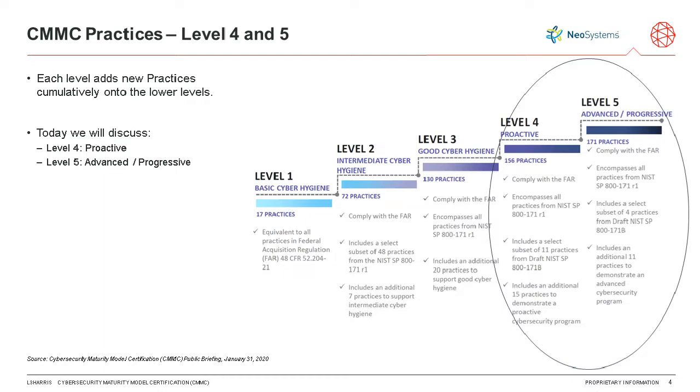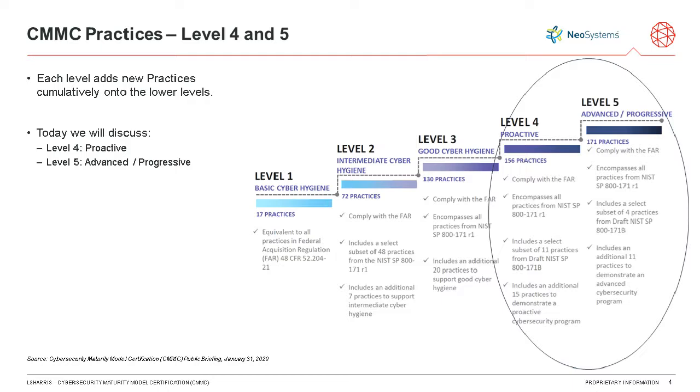So again, we encourage you, because even though levels 1, 2, and 3 are also part of what is required, if you're a level 4 or a level 5, we couldn't possibly spend the time to go through all of those. So we would, again, encourage you to go back and listen to the discussions we've had on levels 1, 2, and 3 in the previous webinars.